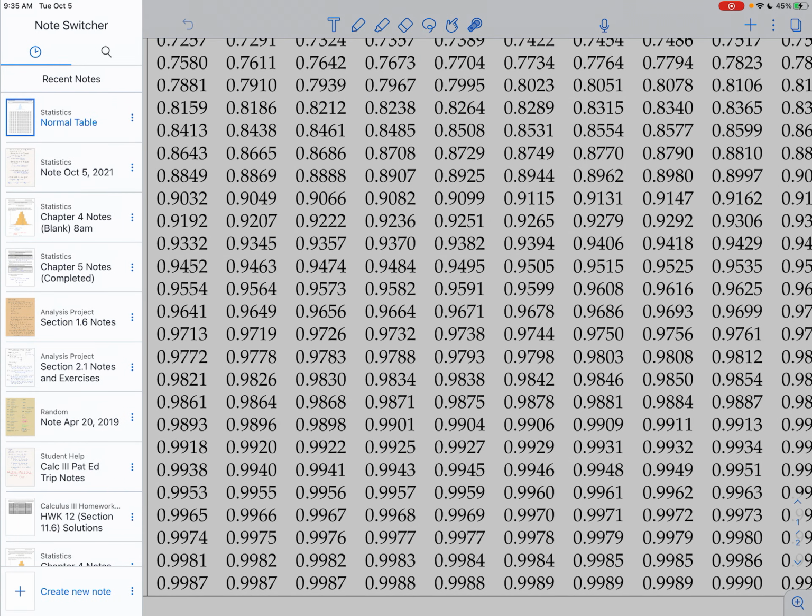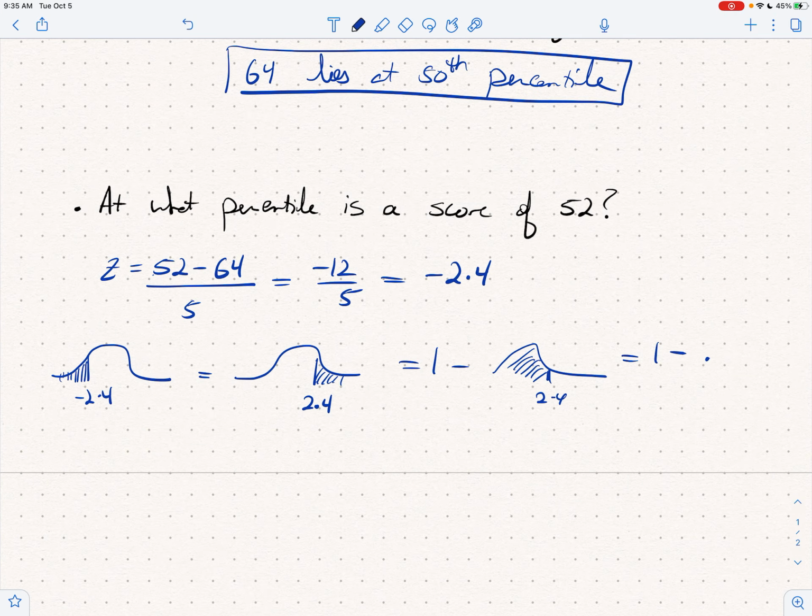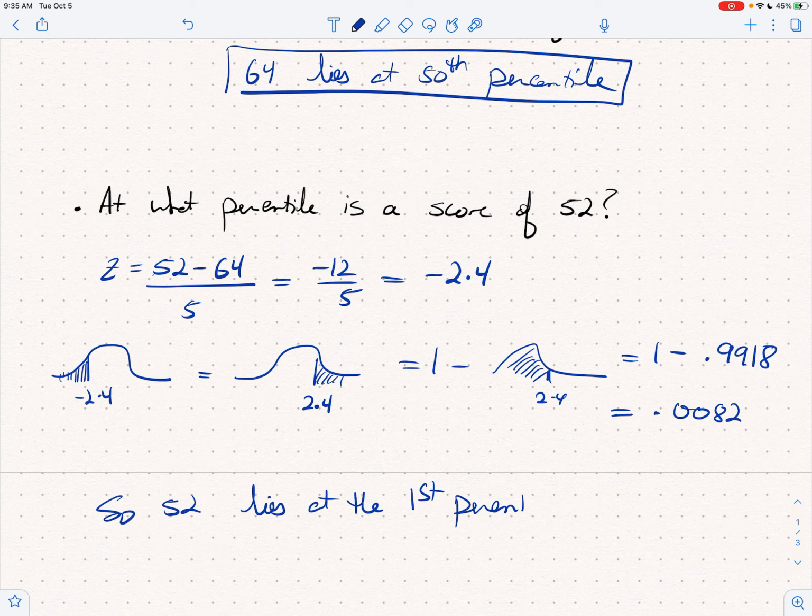So 1 minus 0.9918, and I get 0.0082. We're going to round that to 0.01. So we would say 52 lies at the first percentile. Not even quite 1% of the data is actually below.